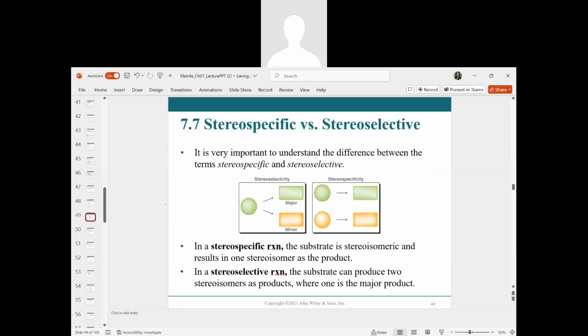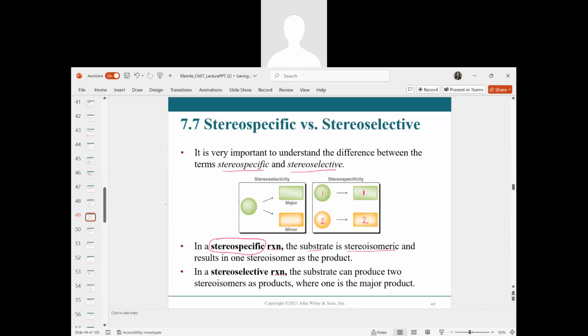So again, we must review the difference between a stereospecific and a stereoselective reaction. This first term, stereospecific, tells us that depending on the stereoisomer configuration of our substrate, we will produce a single stereoisomer as a product. So say we have stereoisomer 1 here and stereoisomer 2, we can only produce product 1 here and we can only produce product 2 here, right?